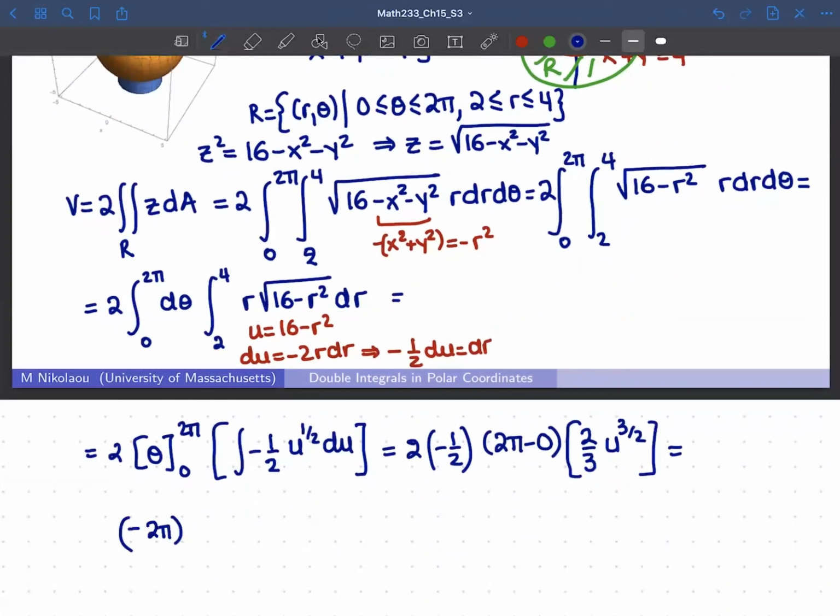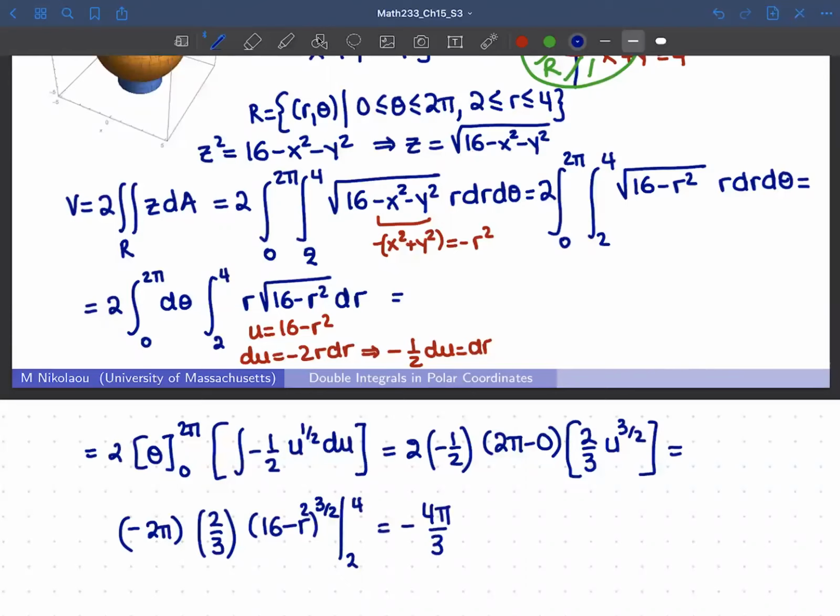And then I have 2/3, and I switch back u with 16 minus r squared. So that gives me 16 minus r squared, all to the 3/2, and this needs to be evaluated between r equals 2 and r equals 4. From the first two terms, I have negative 4 pi over 3.